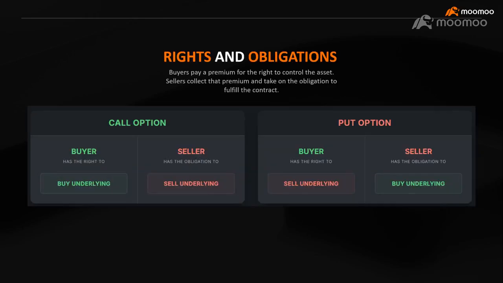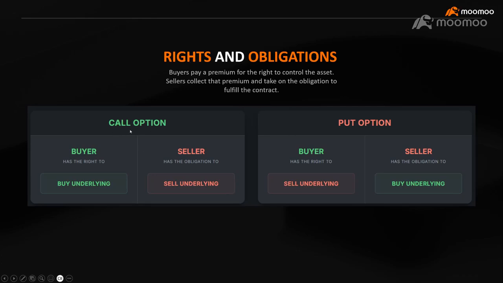Remember that we mentioned there are two types of options, right? One is the call option, and the other is the put option. Remember we covered that you buy the options to have the rights to control the assets, but the different options that you buy give you different rights.